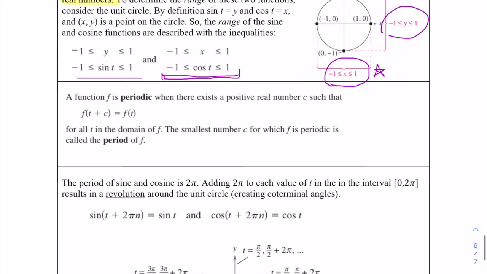All right, so when we talk about something that's periodic, we're saying that it's going to continuously happen. It's going to continuously happen in a period. So the definition of a periodic function is that for any real positive number, such as c, if we add c, we'll always get back to the same value.